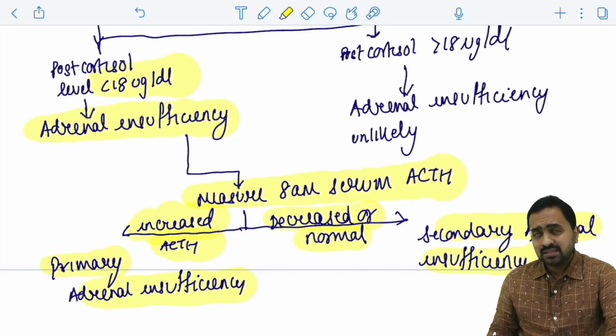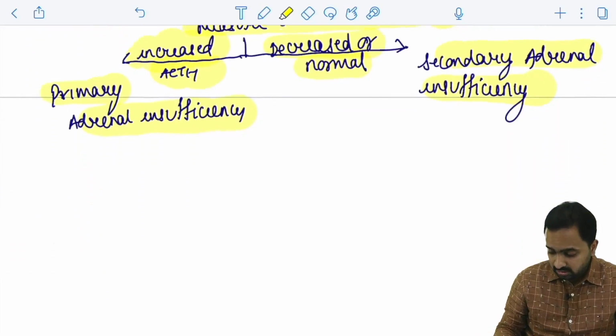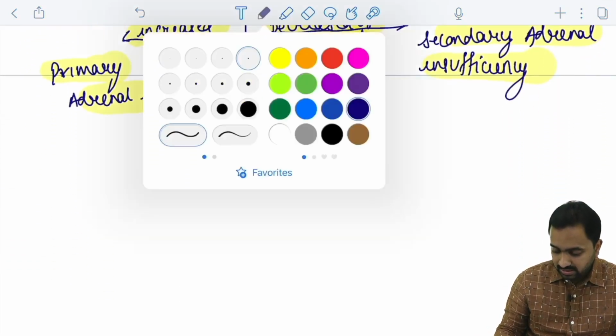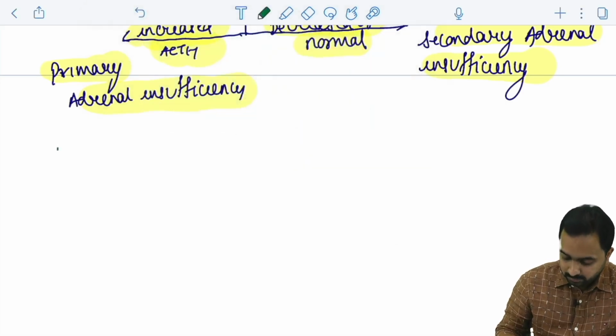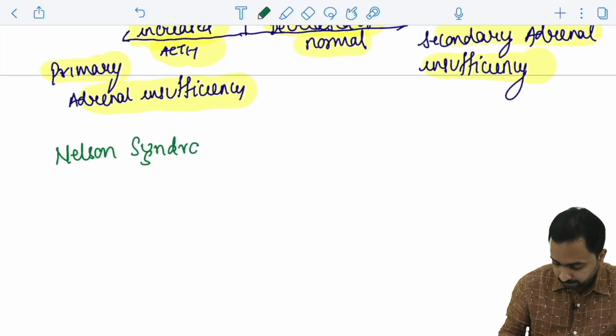Now, before we end, there is one more question which has been given in a lot of MCQ books. So I would just discuss over here as a one-liner question, which would be your Nelson syndrome.